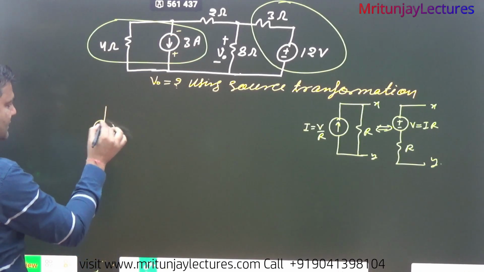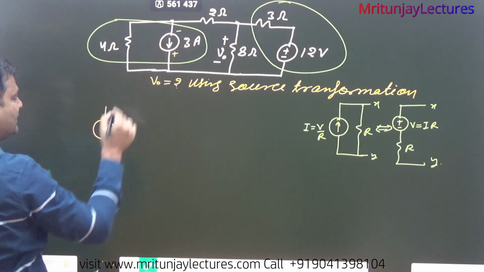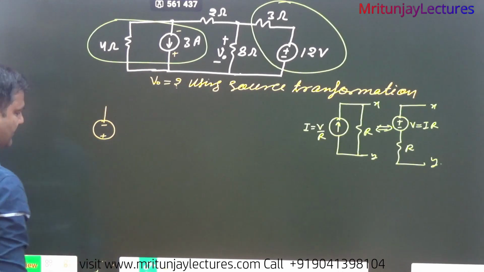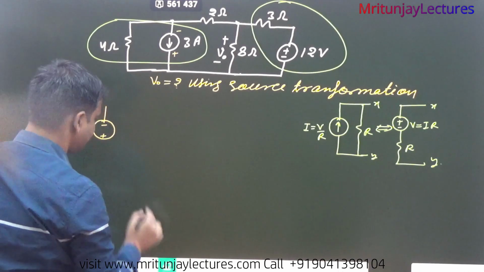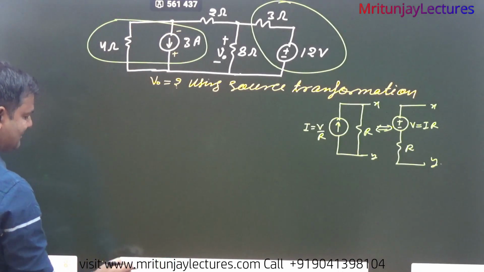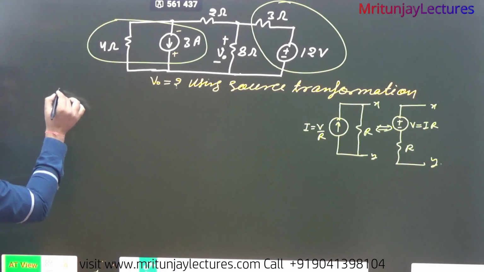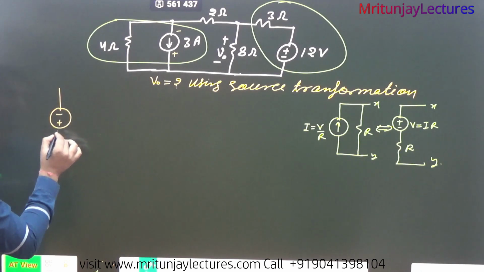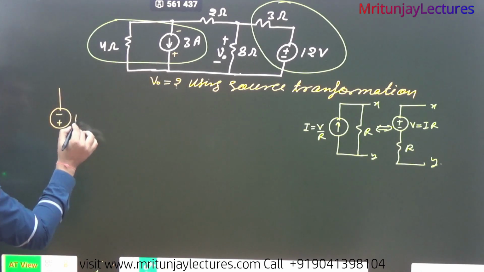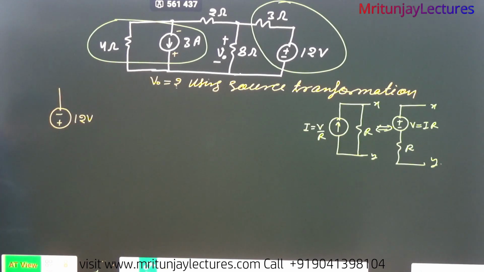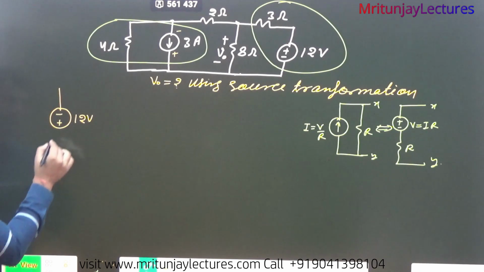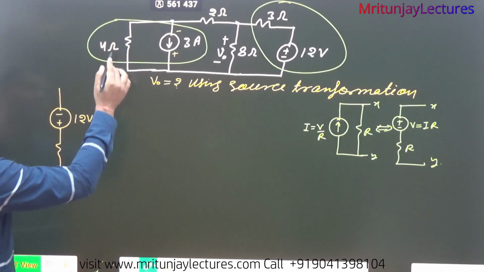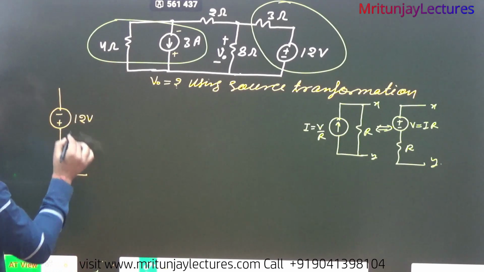So polarity decided, because of current direction downward, 3 into 4, that is 12 volt. And what about resistance? The resistance is 4 ohm.